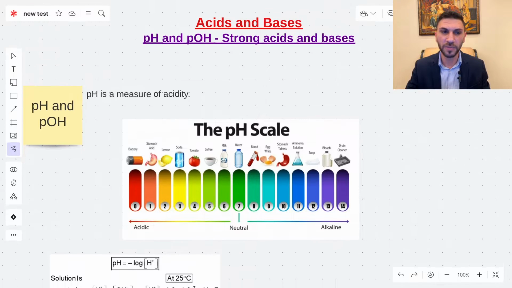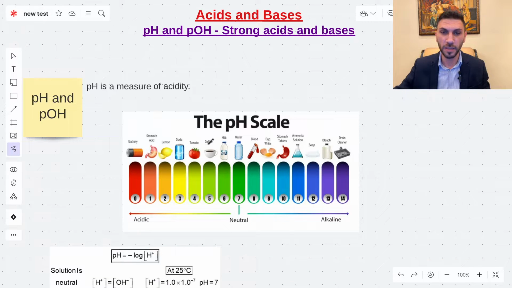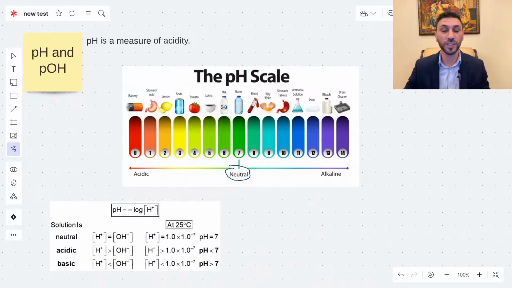For example, we have something called the pH scale, and it starts from 0 to 14. As you can see, at 7, the solution is neutral, just like water.